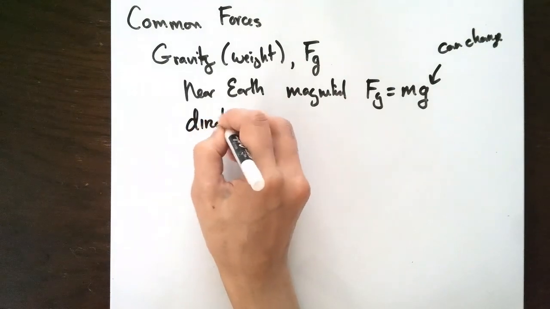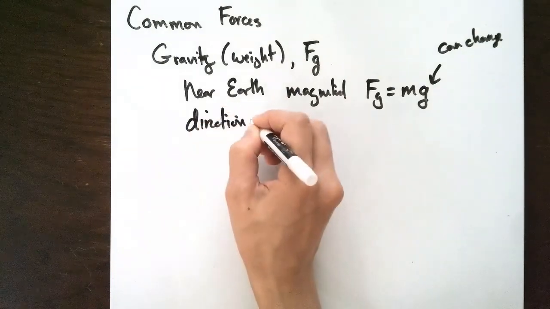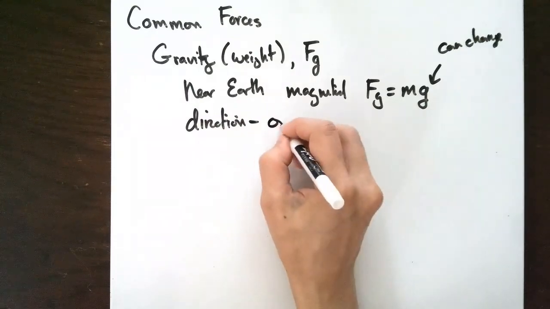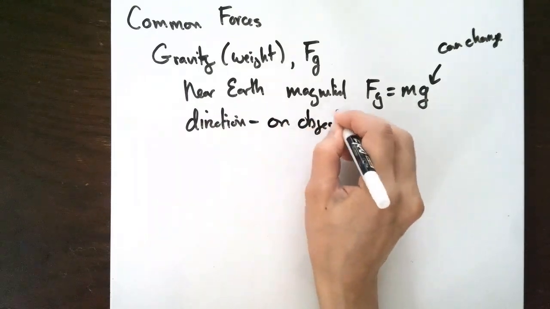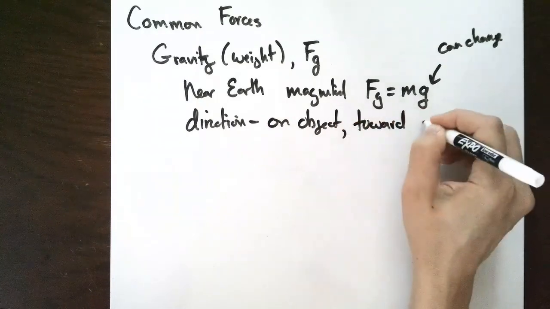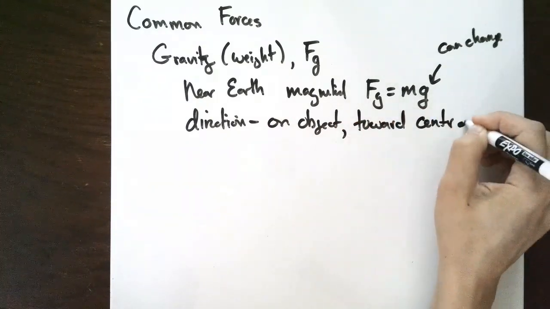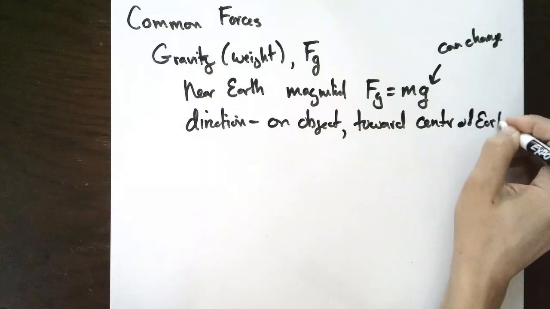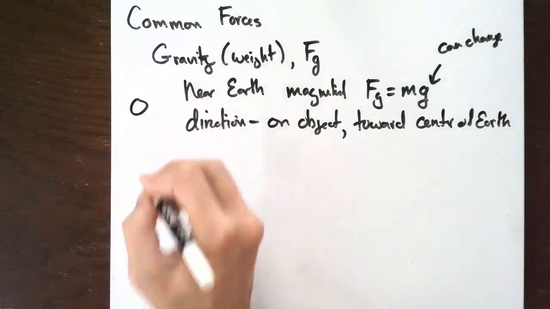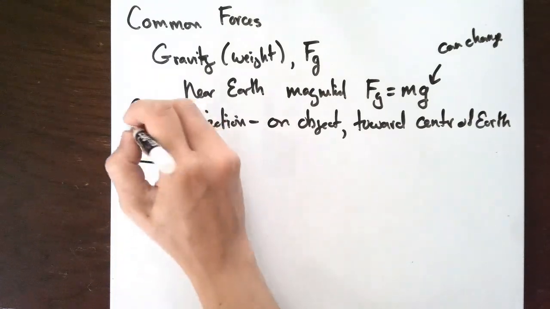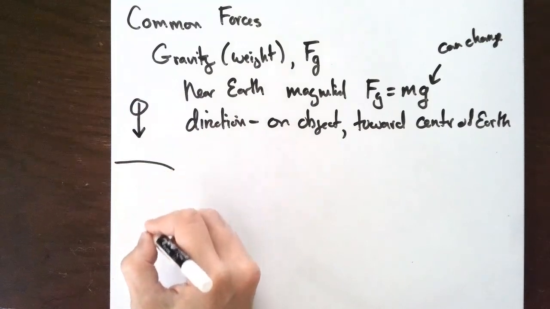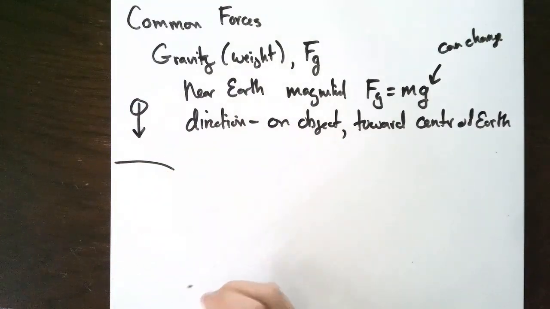Direction. Well, that is always going to be on the object towards the center of the Earth. So if you have some little ball that's falling towards the ground, gravity is going to point right down through the ground all the way down to the center of the Earth.